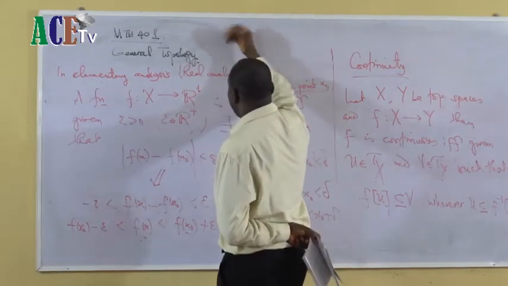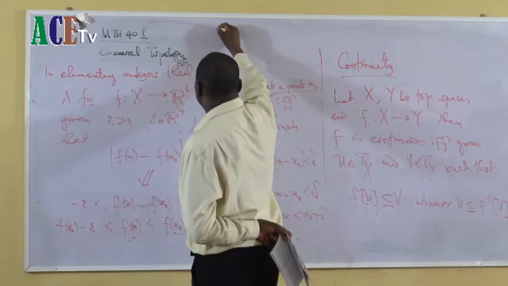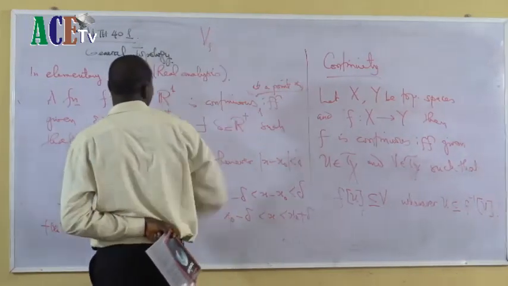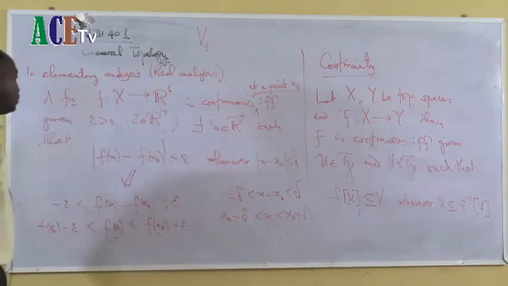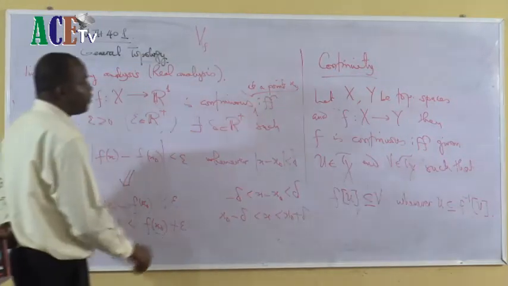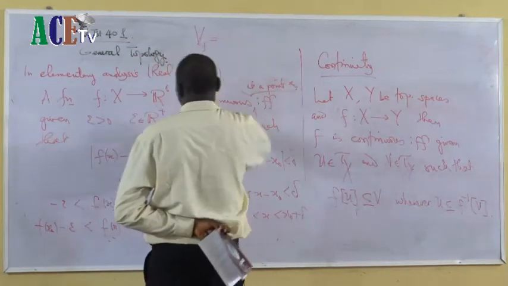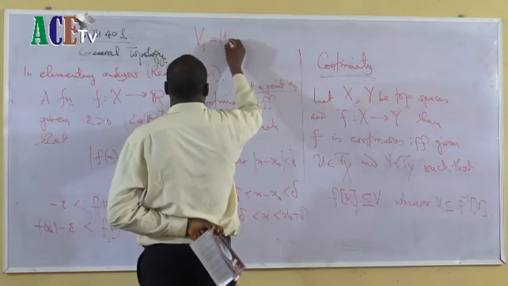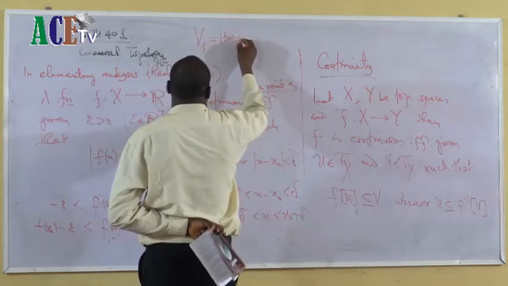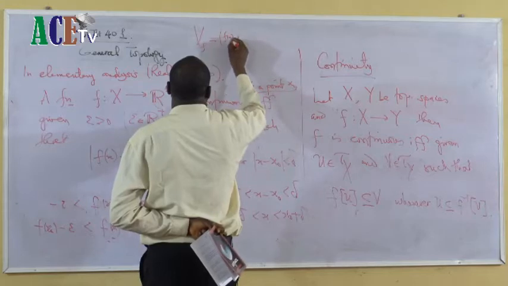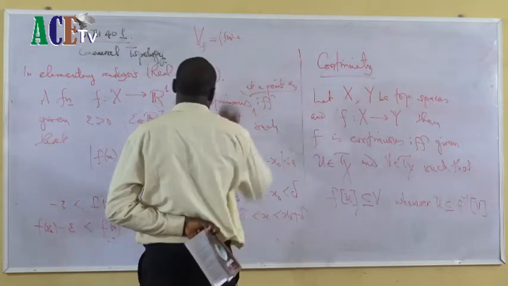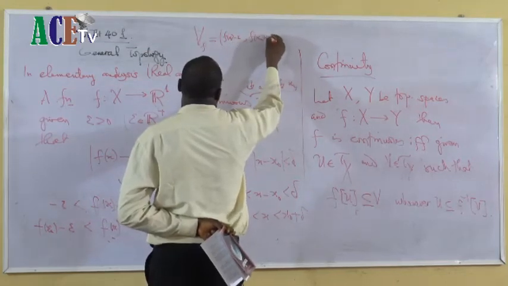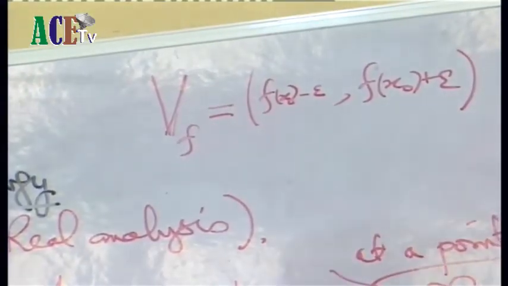And this I may decide to write as V, the neighborhood of f, and it is made up of the open interval f of x naught minus epsilon, comma, f of x naught plus epsilon.